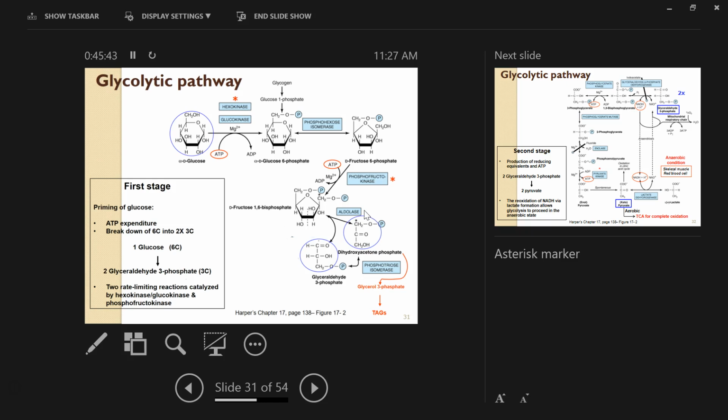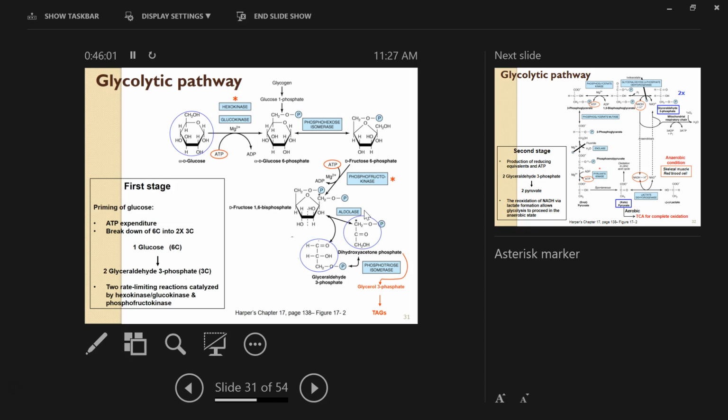So basically it generates 2 molecules of glyceraldehyde 3-phosphate when the first stage of glycolysis is finished. The 2 key reactions I marked here.